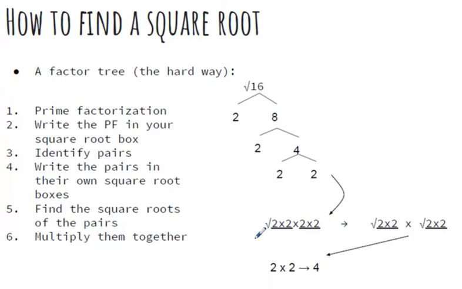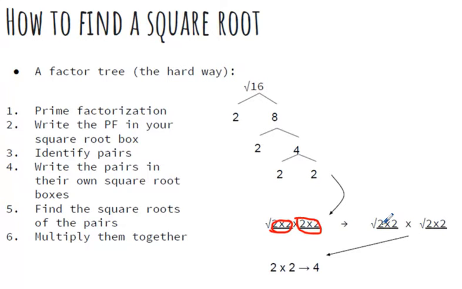Then we could identify pairs. We've got a pair of 2's here, and a pair of 2's here. We would write those pairs in their own square roots. So the square root of 16 is actually the square root of 2 times 2 times the square root of 2 times 2. Then we would find the square roots of those pairs.